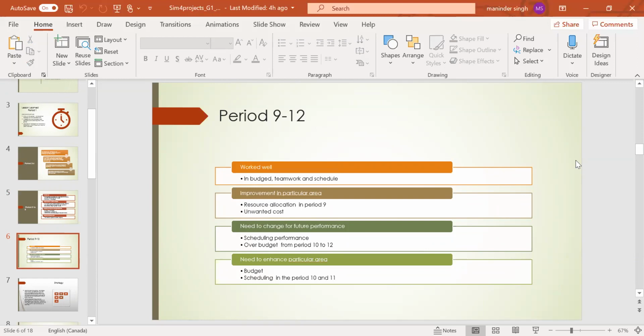But in periods 10 to 12, we lost our budget because we ran out of cost for the project, and that can be shown in the red characters, so we have to maintain that. After that, the scheduling of periods 10 and 11 needs to be enhanced because we suffered from time as well. The next slide will be continued by Jashan.